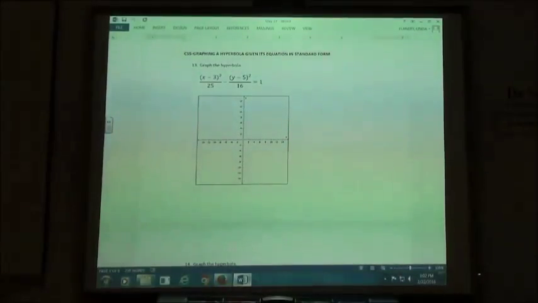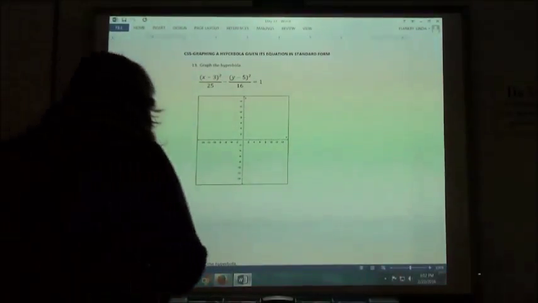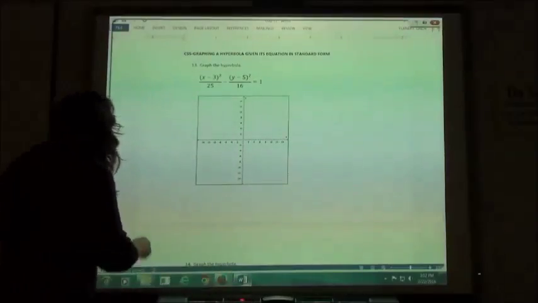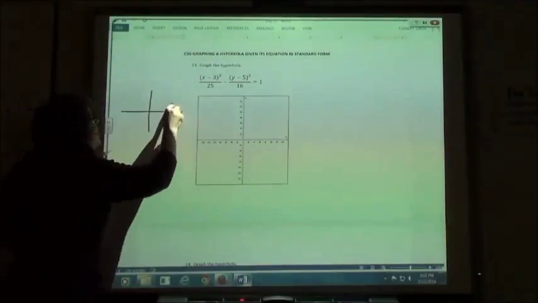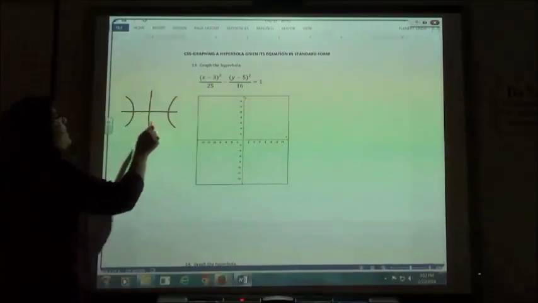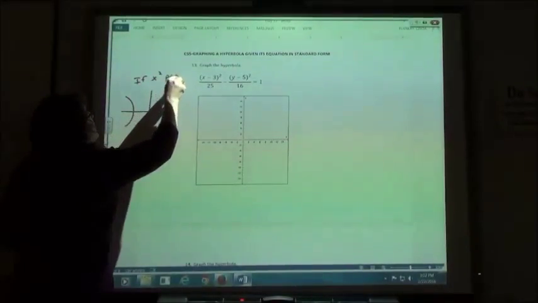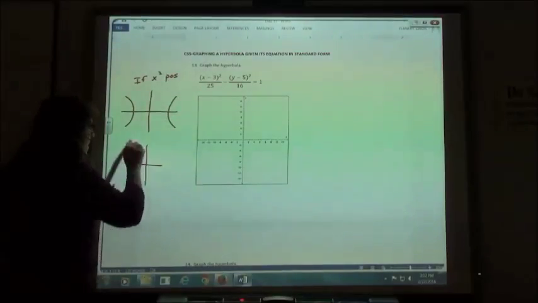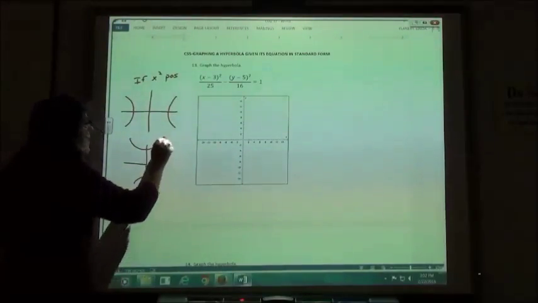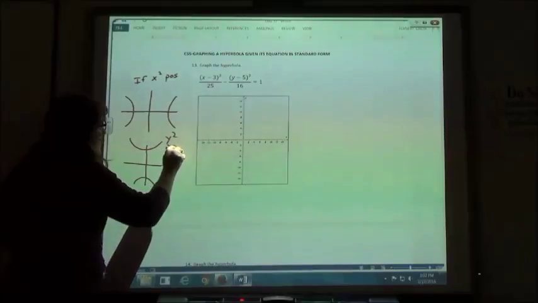All right, 13, 14, and 15, this time we're graphing a hyperbola. A hyperbola looks sort of like this when you're done. It's either going to go this way if the x squared is positive, or going to go this way if the y squared is positive.